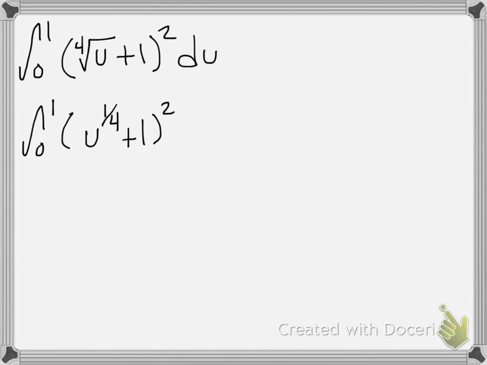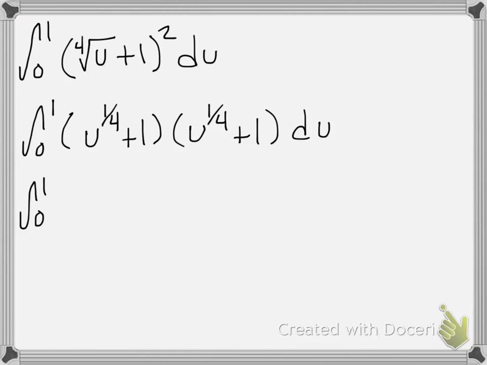We can get rid of that and that. And so that's going to be u to the 1/4 plus 1 times u to the 1/4 plus 1 du. So then now just go through and actually multiply that out.